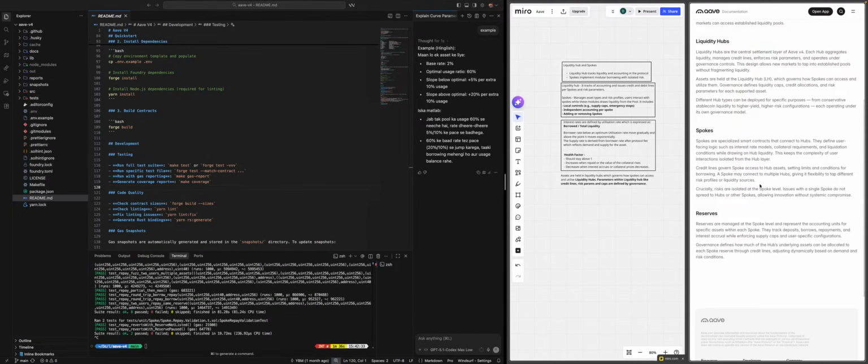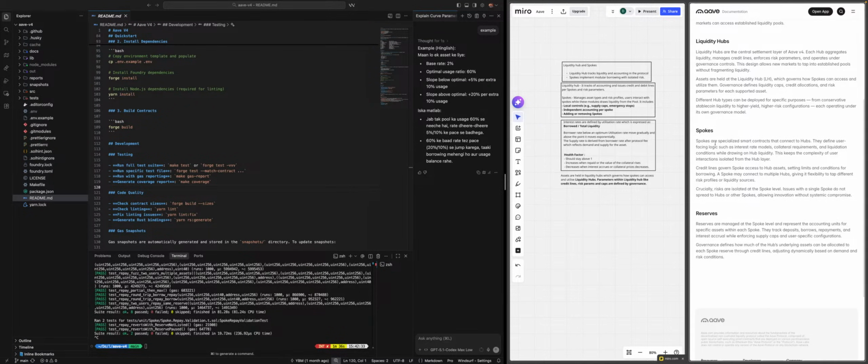Okay, and spokes are specialized smart contracts that connect to hubs. They define user-facing logic such as interest rate models. Interest rate models are basically derived from a utilization factor.